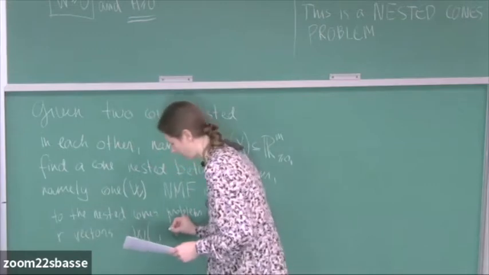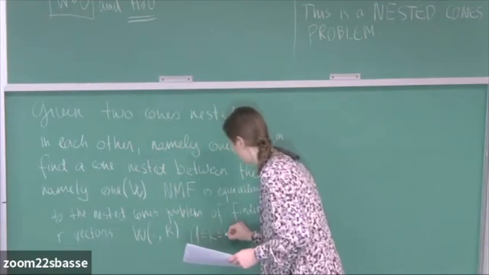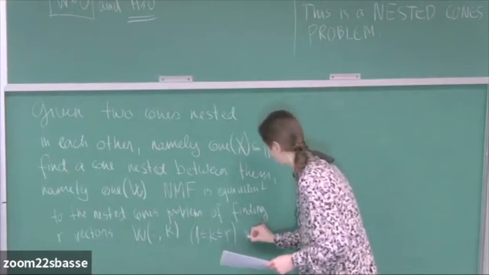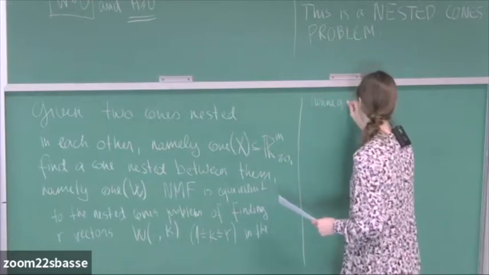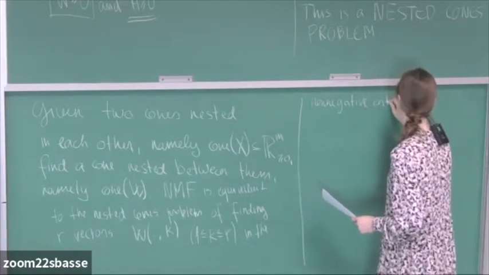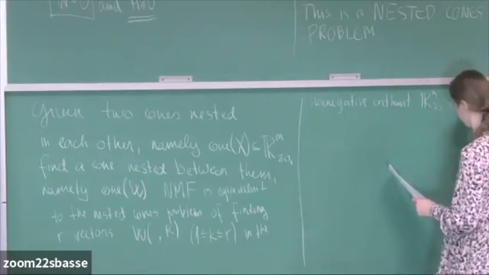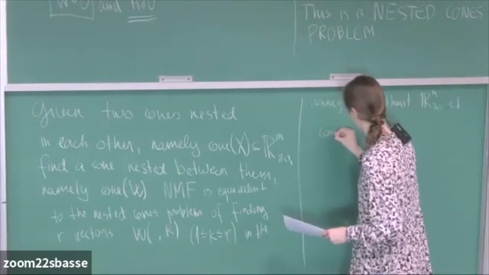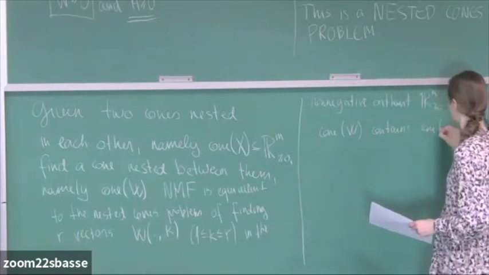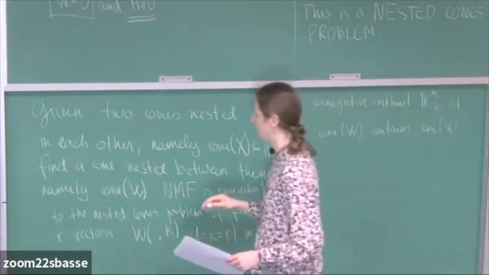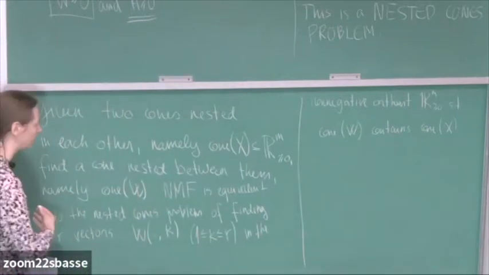It will give us the columns of W, in the non-negative orthant, such that cone of W contains cone of X. So basically, I'm saying the same thing that I said here, but writing it in more detail.